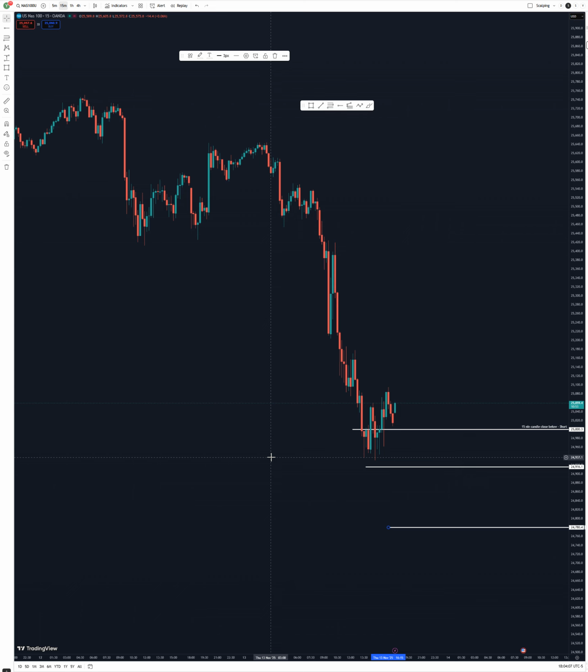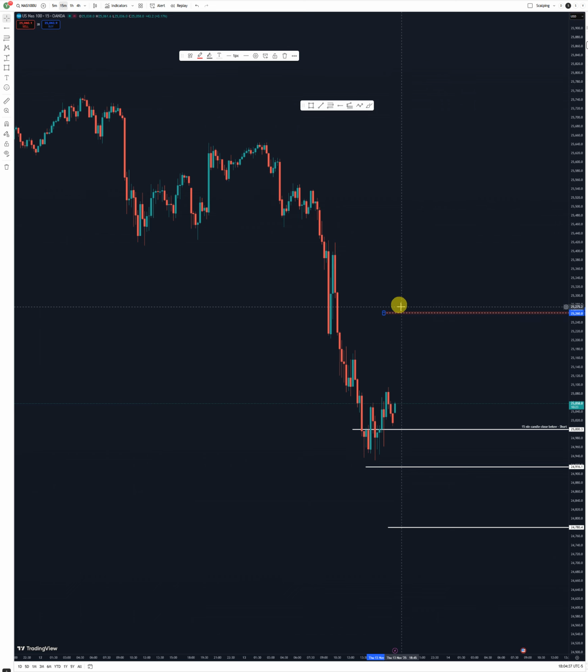And then for NASDAQ to become bullish, if you have any type of reversals, I'm looking at the 15-minute candle to close above 25,260, right here. If the 15-minute candle closes above 25,260, NASDAQ will be bullish.